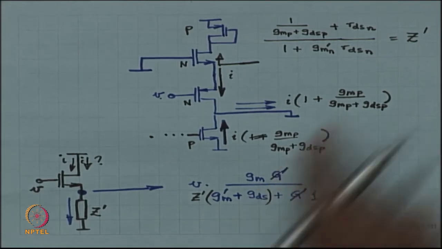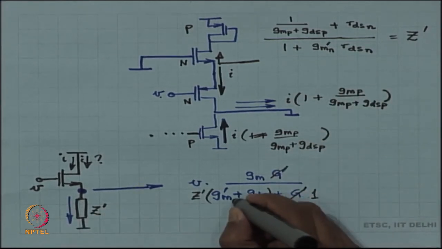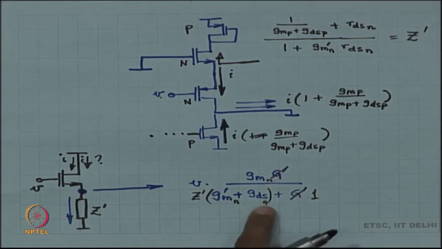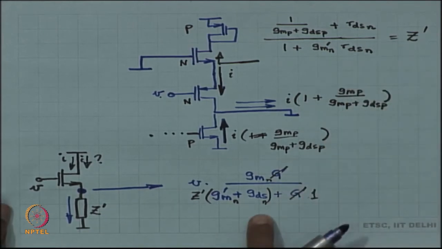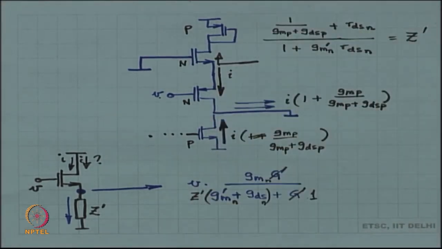The other thing is sometimes you have got GDS, this is GDS of N. Here you have got RDS of N. One thing that you can do, you want to change this or this, it does not matter, is multiply numerator and denominator by GDS N over here.